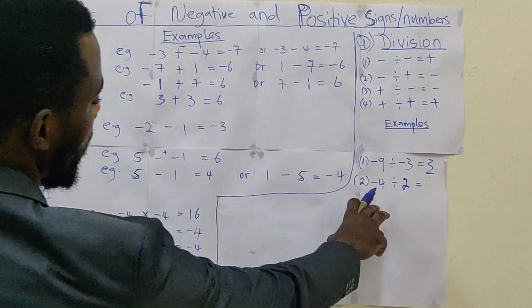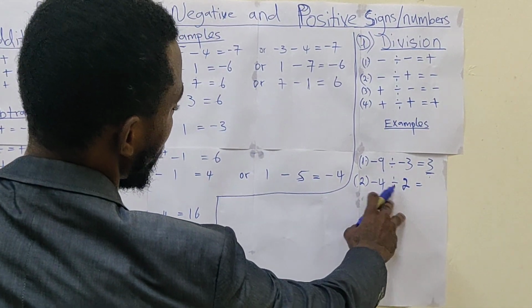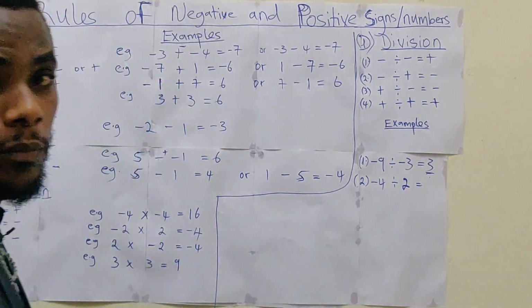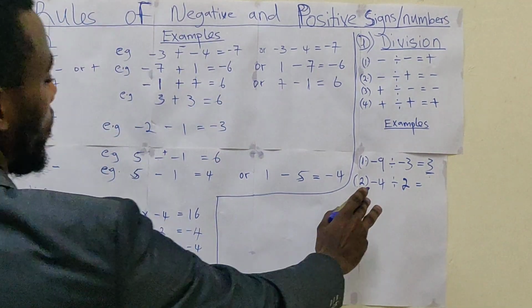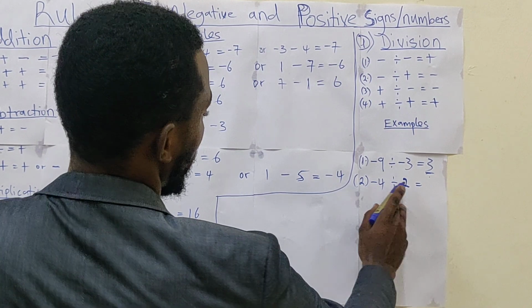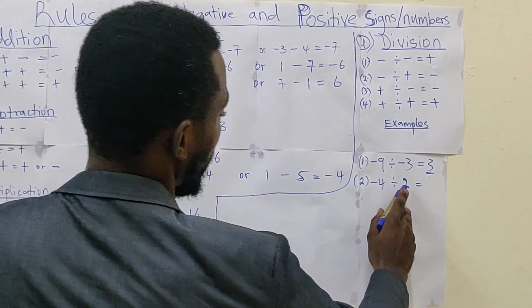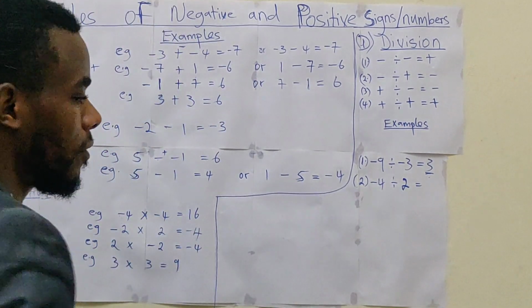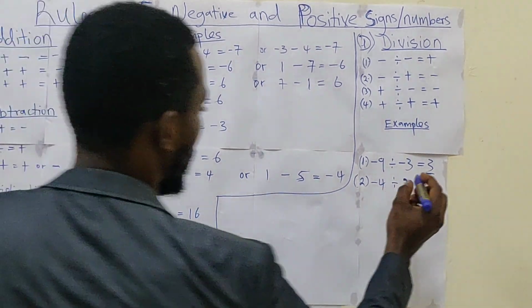So we have negative 4 divided by 2, which gives negative 2.